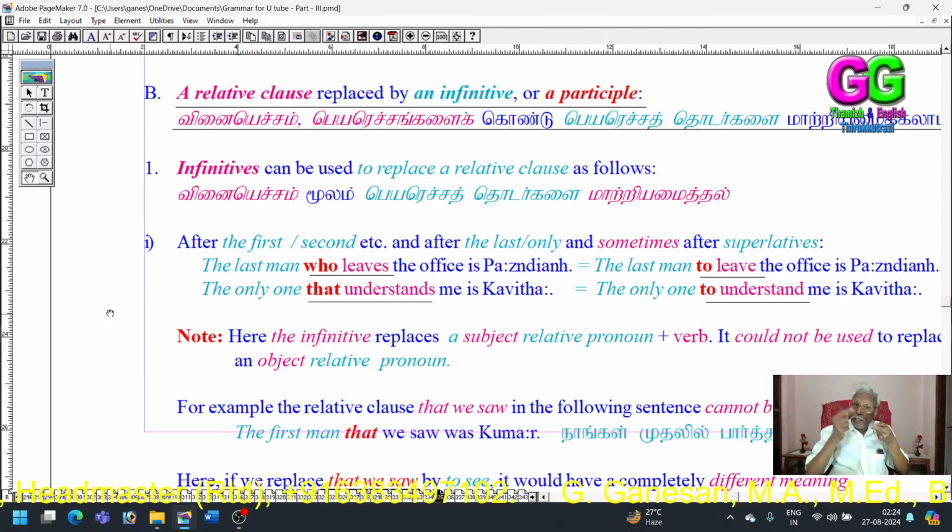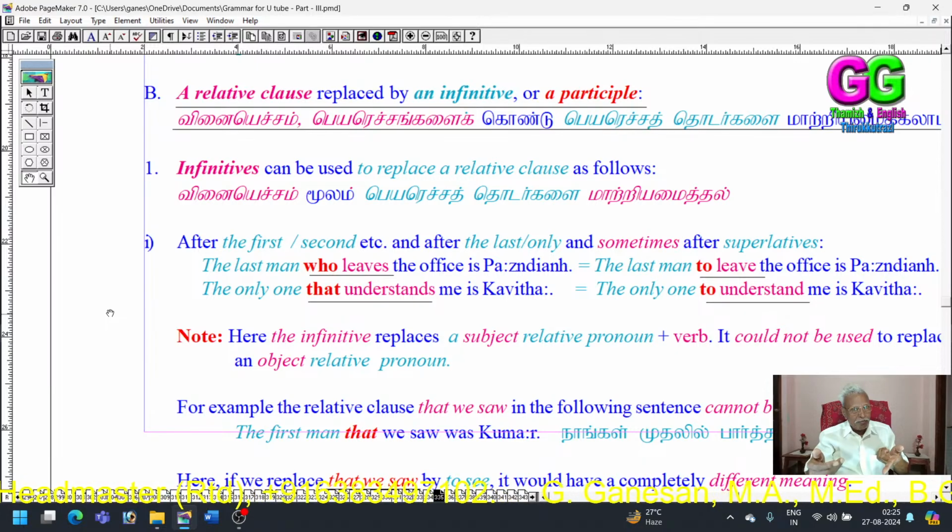However, when the subject is followed by a passive verb, then that kind of sentence can be reduced into a simple sentence, replacing the relative clause by an infinitive.